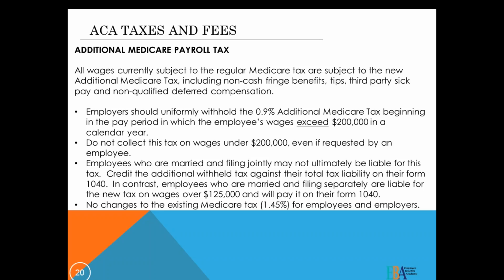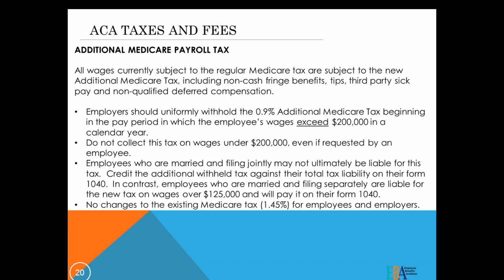Rather, they should just uniformly withhold the Additional Medicare Tax of 0.9% beginning in the pay period in which the employee's wages exceed $200,000 in a calendar year. Employers should not withhold the Additional Medicare Tax on wages under $200,000, even if requested by that employee.